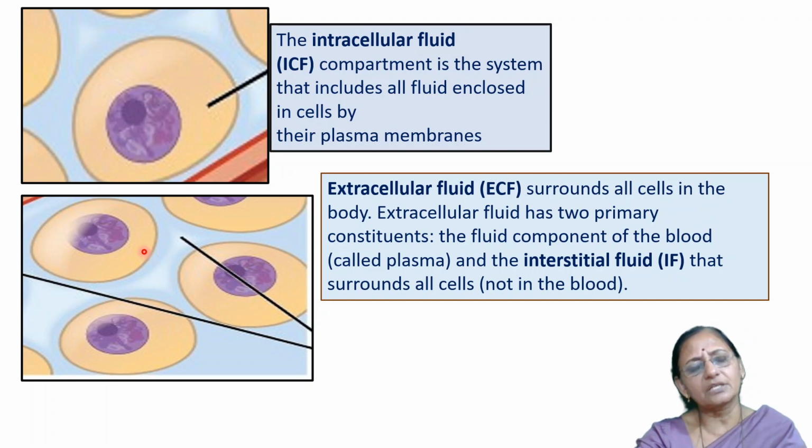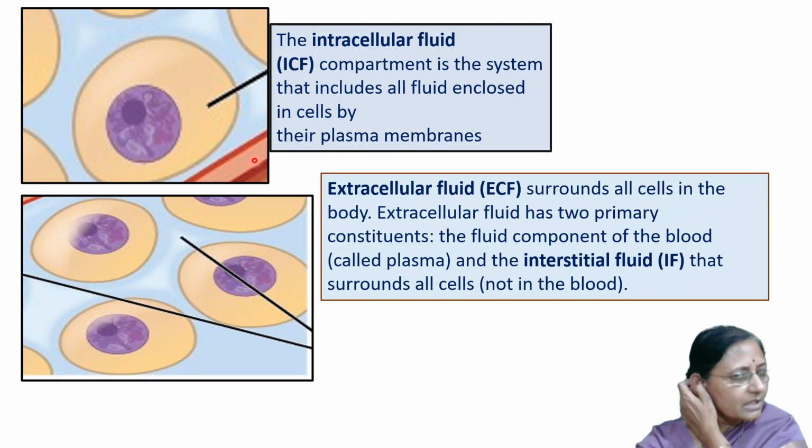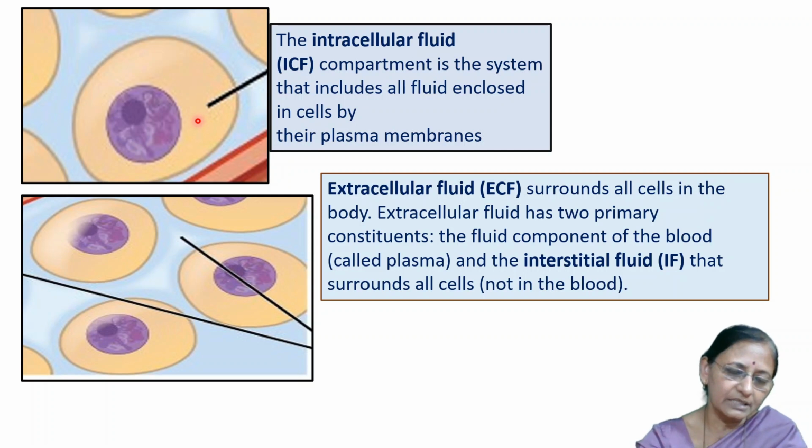That is, any substance from the cell first diffuses into interstitial fluid, then it is taken into blood capillaries. Or from blood, it is again supplied first to interstitial fluid and then taken by the cell.